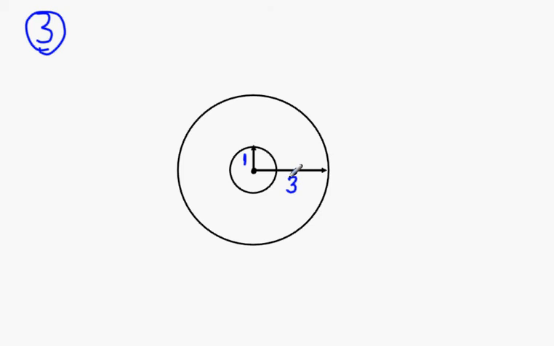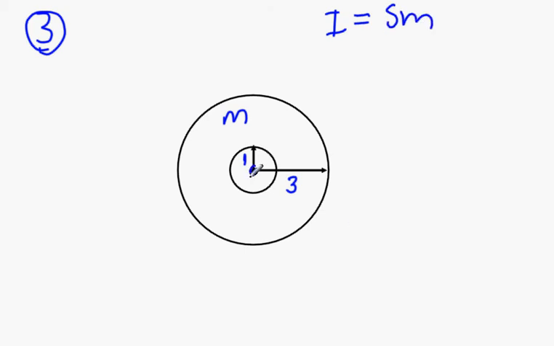The mass of the annulus is m, so the full thing has a mass of m. Prove that the moment of inertia of the annulus about an axis through its centre, perpendicular to its plane, is 5m. We want to prove that I is 5m, and it's exactly the same as the proof.